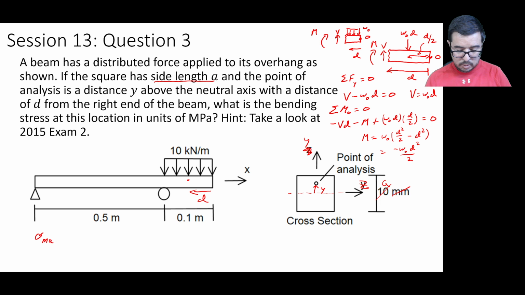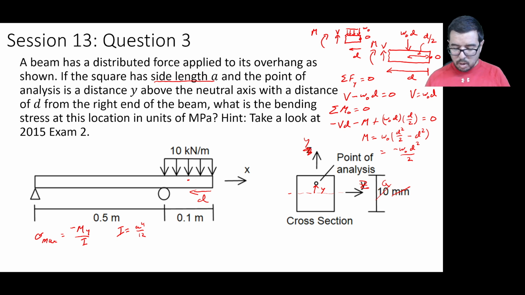Sigma max is going to be equal to minus My over I. And this is just a square cross section, so I is going to be a to the 4th over 12, because that's essentially b h cubed over 12. But b and h are both equal to a. The y is going to be either up at the top or at the bottom.